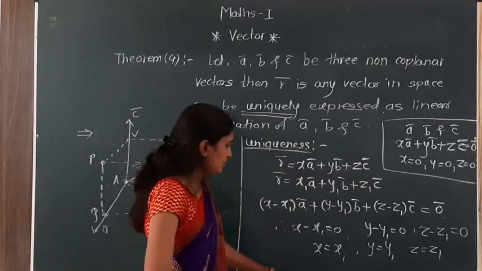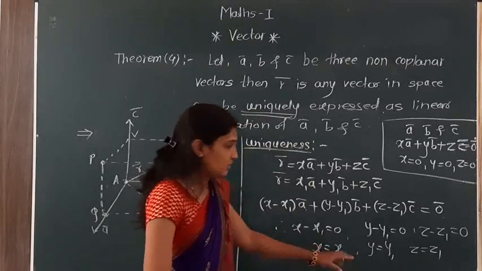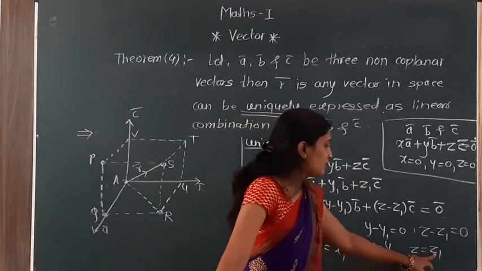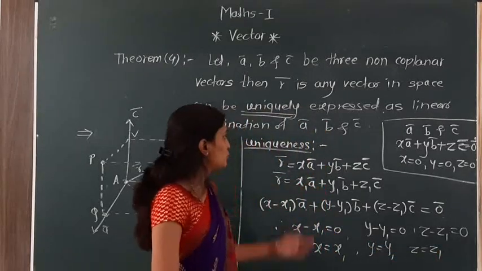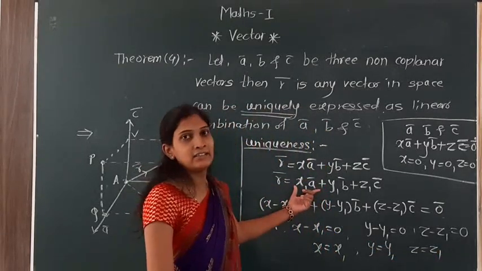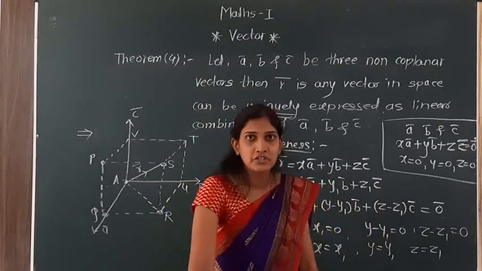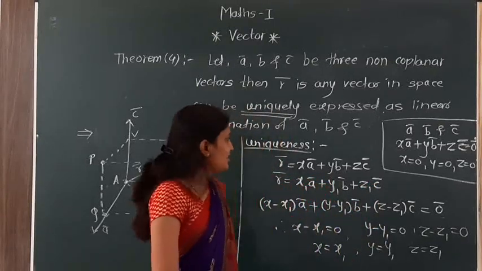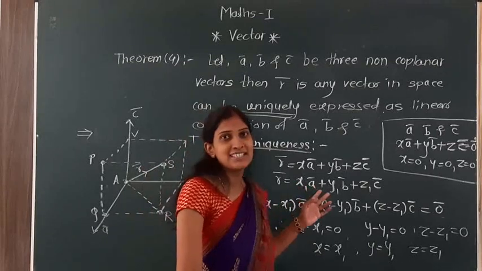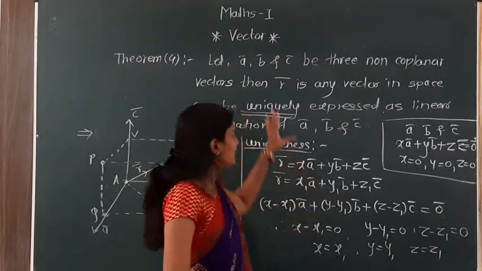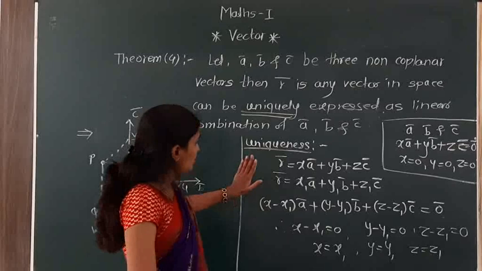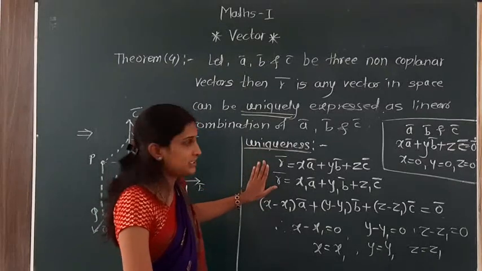That means x and x1 are the same, y and y1 are the same, and z and z1 are the same. But we stated that x1, y1, z1 are other scalars, which is a contradiction. So the scalars in that theorem are unique. This is the uniqueness of the theorem.